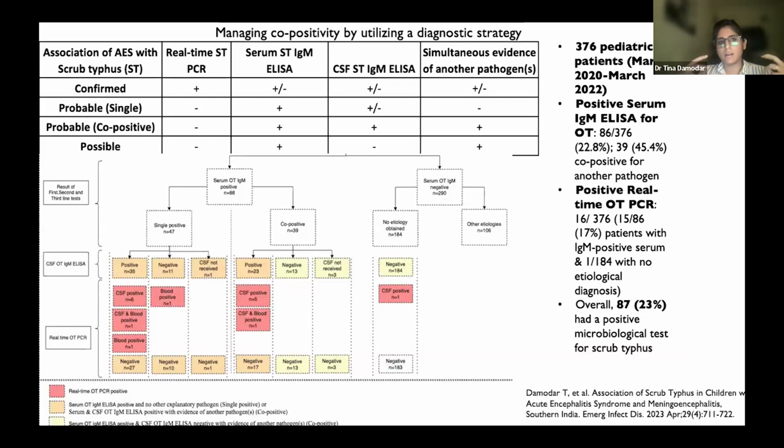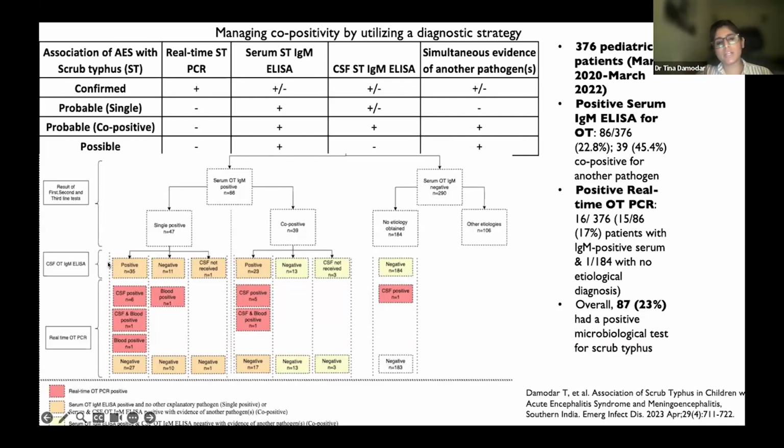So the ambiguity of multiple positives, or the challenge that it creates, is real, and we thought there has to be some system to help at least reduce the ambiguity, if not completely solve it. So we came up with this diagnostic strategy, which was already described by Granerod et al. We were inspired by her study.